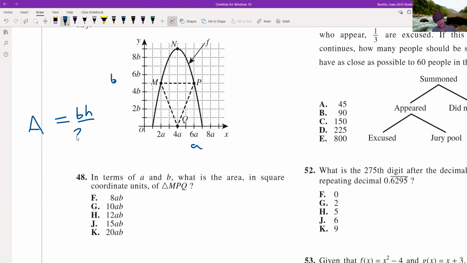The base is this thing, MP. That goes from 2A to 6A, so that is 4A. And then you multiply that by the height, which goes from 0B to 5B, so 5B. So it is 20AB divided by 2, which is 10AB.